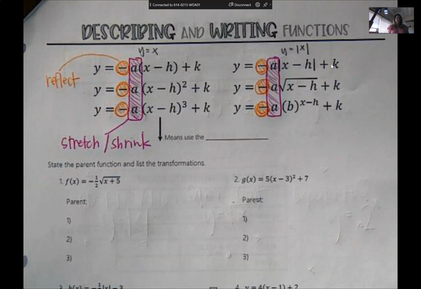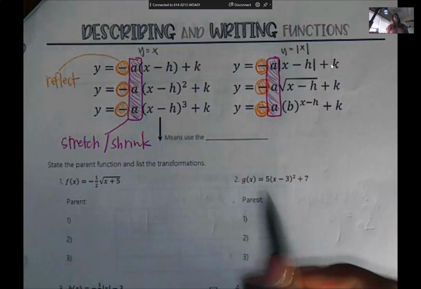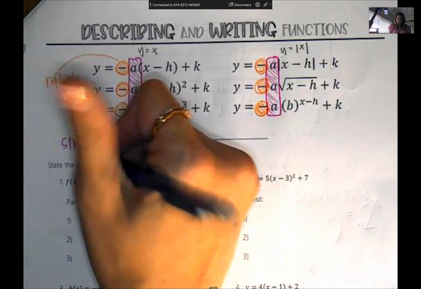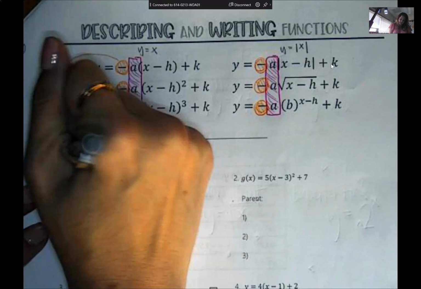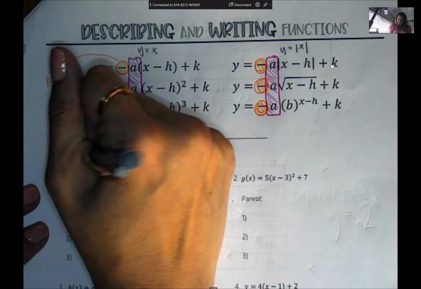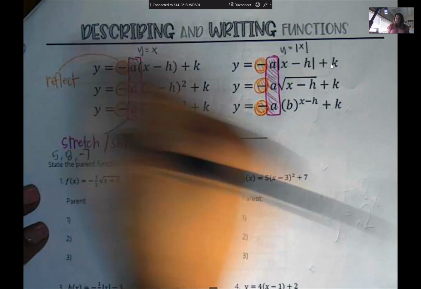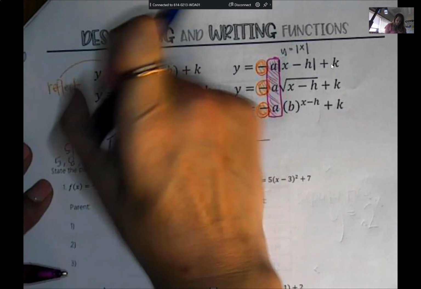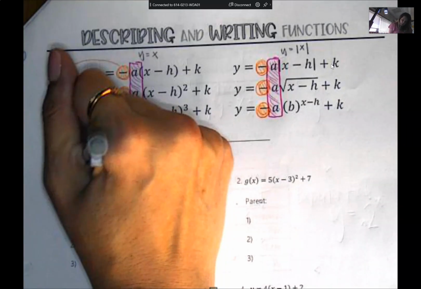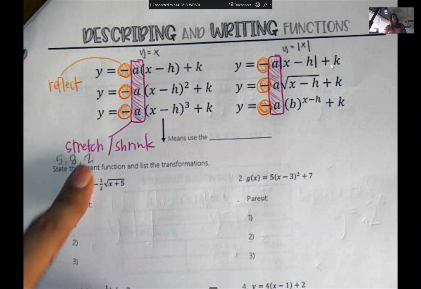It is a stretch if your number is bigger than 1. So if it's like 5 or 8 or even like -7, so maybe bigger than 1's a bit of a misnomer, but or 2, that's going to stretch your graph.